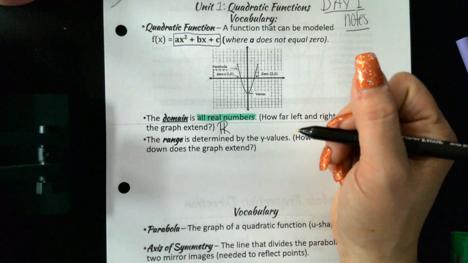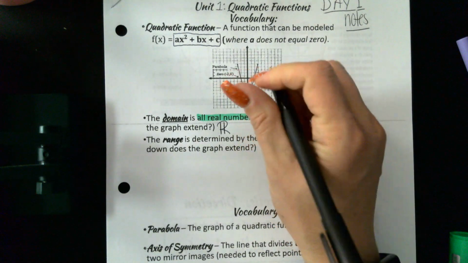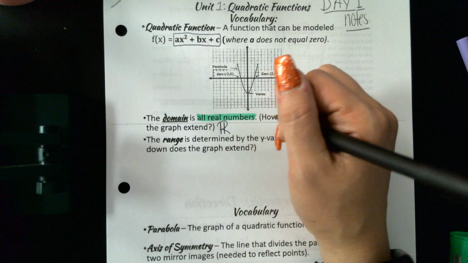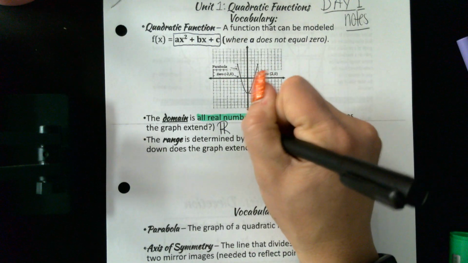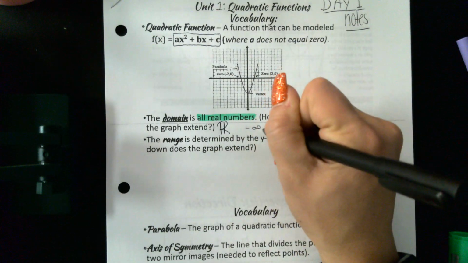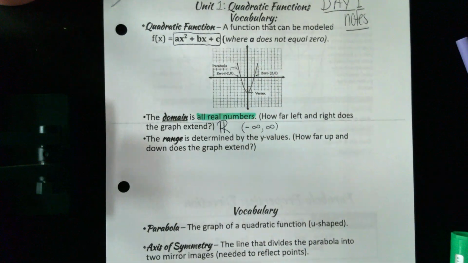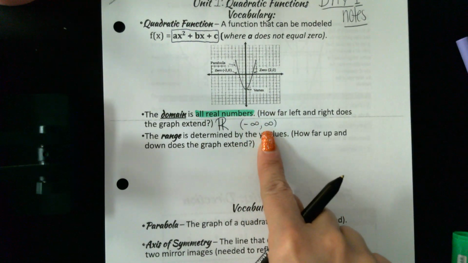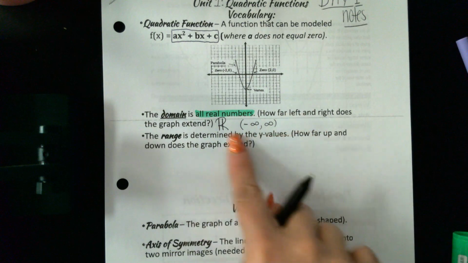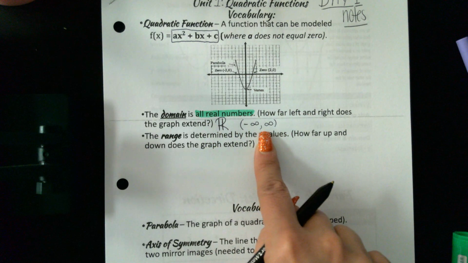The other way you guys are going to see this written, and I don't know how good you are at making infinity symbols, you all know what the infinity symbol looks like? So it's negative infinity to positive infinity. That covers every single negative number, positive number, and 0. So you can say all real numbers, you can make this symbol, or you can write it this way.